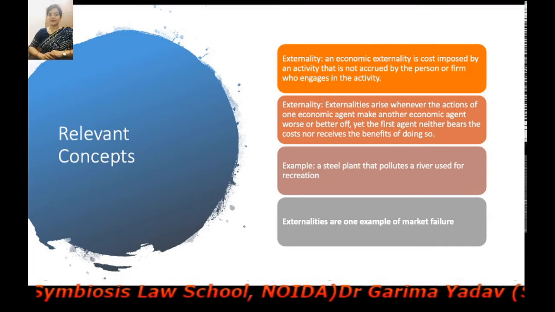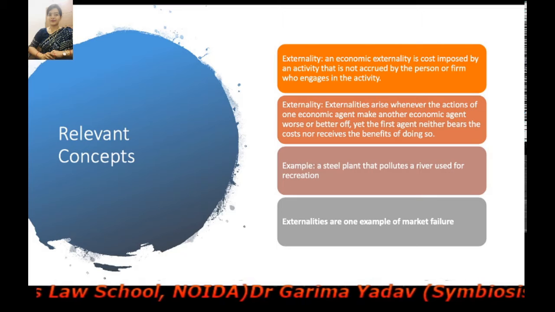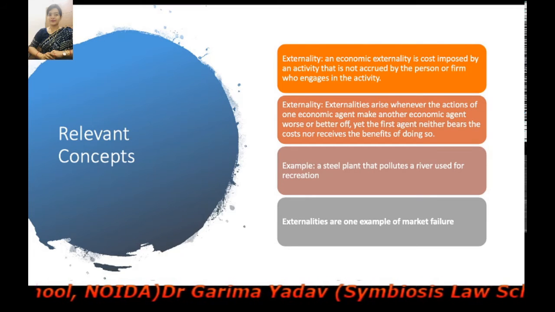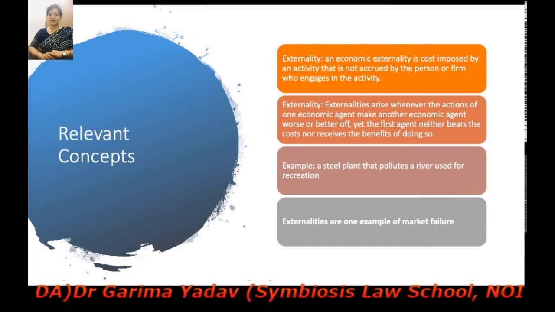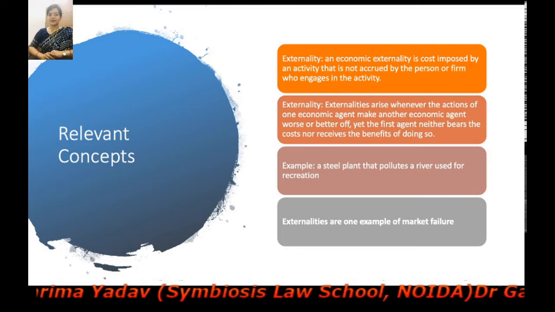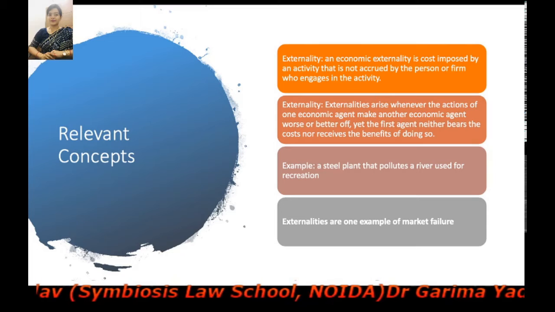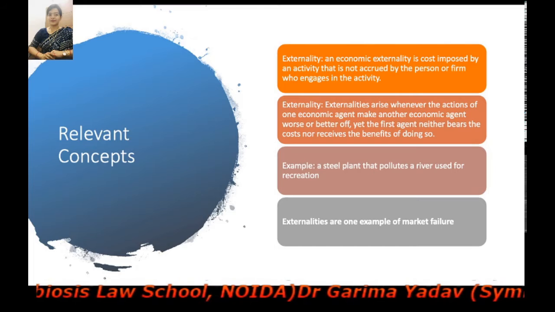If we assume the steel plant to be the first economic agent, then it is an externality because the steel plant owner, or the one involved in production of steel in that plant, does not have to think much about the cost of polluting the river.